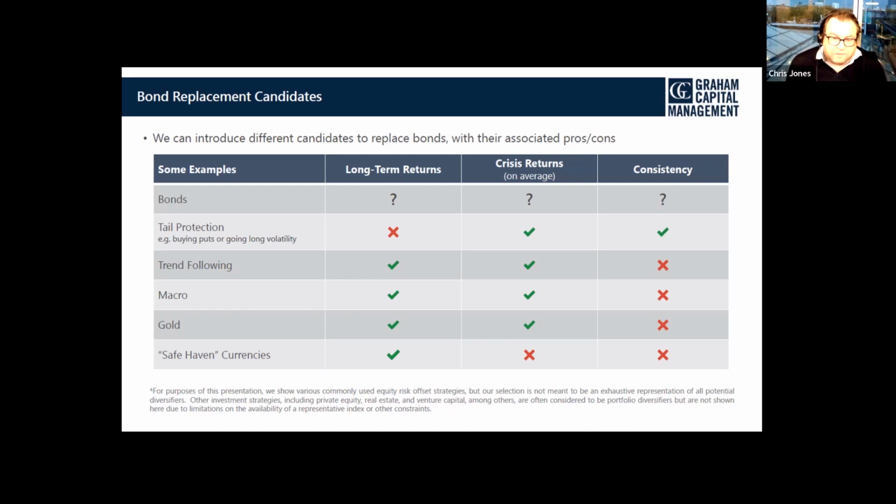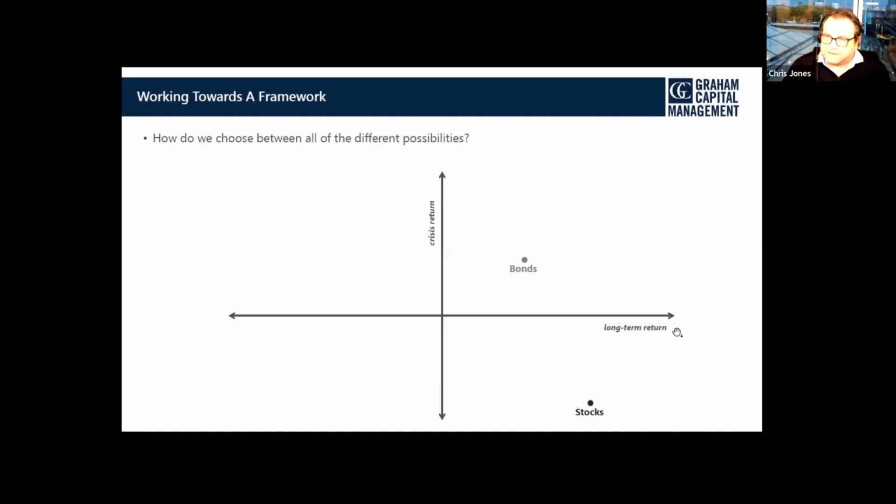Macro strategy, global macro, be it tactical trading or longer term. Reserve assets such as gold, safe haven currencies. If you're throwing inflation protection into the mix, then you can throw other commodities in there as well. But what you see is there are not lots of ticks here anymore. This might have been bonds for a while, but certainly isn't now. So none of these are silver bullets, and instead, we need to start to look at combinations.